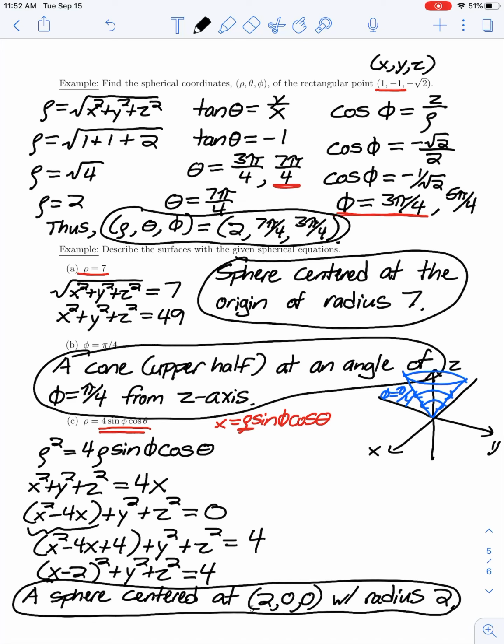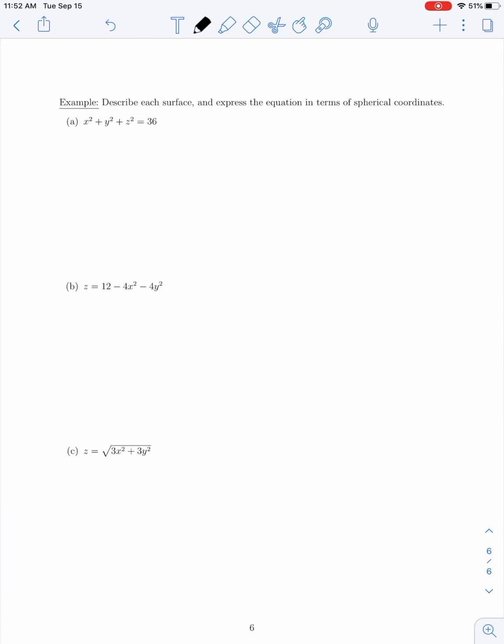Okay. So to see what sort of surface is described by an equation in terms of spherical coordinates, we can either convert to rectangular coordinates, or as we did in maybe parts A and B, think about what that represents intuitively to describe our surface of interest. So for our last example, let's consider some problems working in the opposite direction.